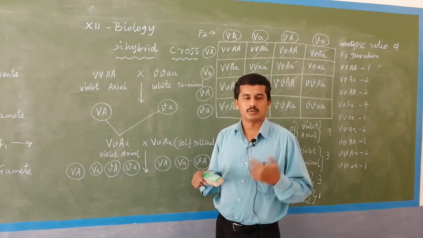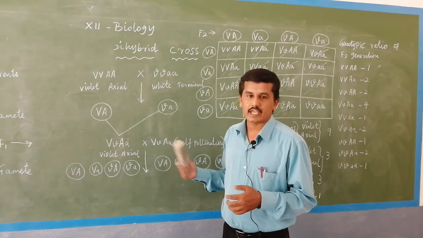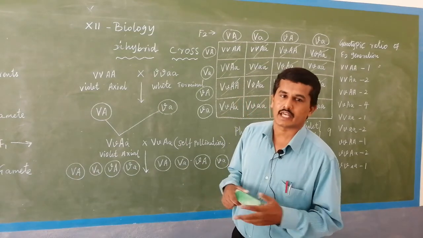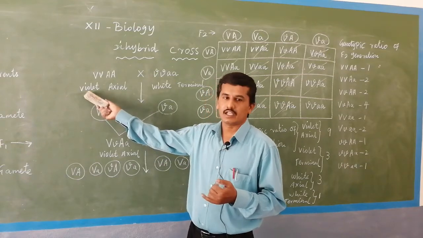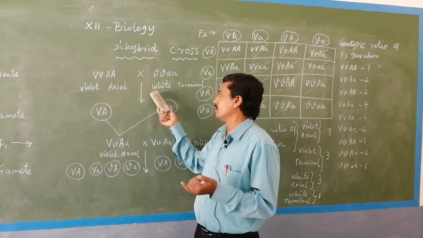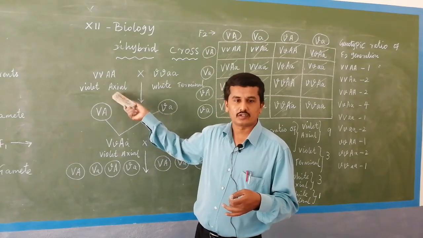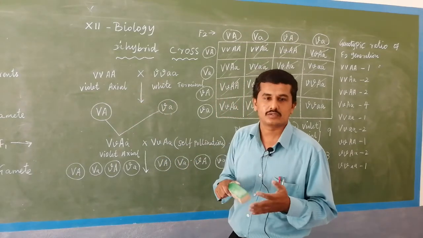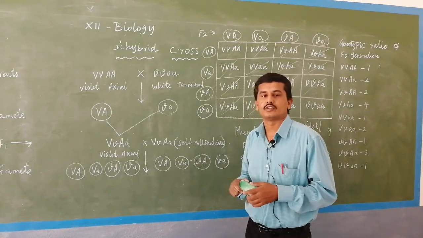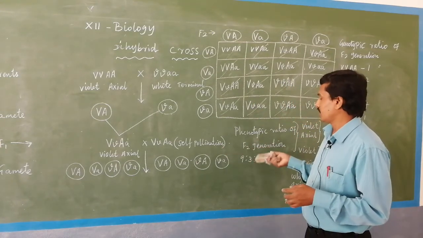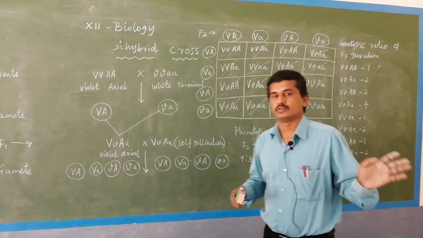Seed shape is another character. In a dihybrid cross, we take two characters. One character is flower color, violet and white. Another character is flower position, axial and terminal. With the use of two characters, we put the cross and we show the phenotypic and the genotypic ratio of the F2 generation.